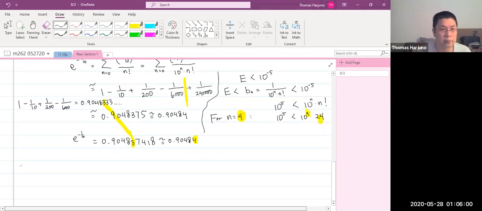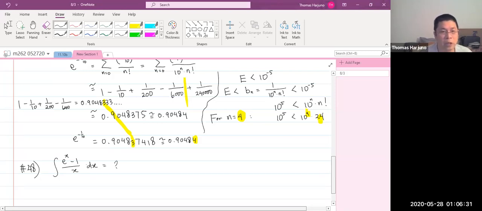Next, how about number 48? One of the main uses of power series is to help us do limits and integration. Let's say, for example, number 48, we want to integrate e to the x minus 1 over x. This is not doable analytically. However, I can do the following.